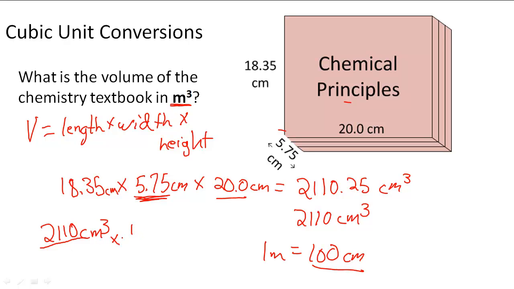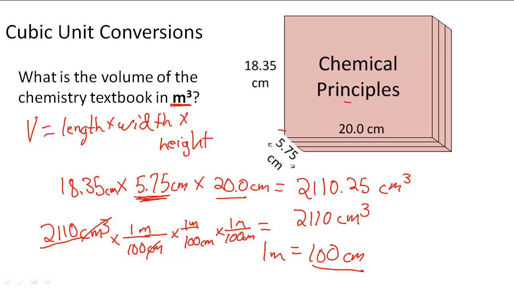we're going to get 1 meter over 100 centimeters times 1 meter over 100 centimeters times 1 meter over 100 centimeters. So notice that it's centimeter, centimeter, centimeter, and that will cancel out all 3 centimeters that are included in centimeters cubed.